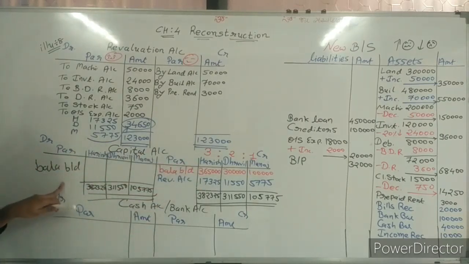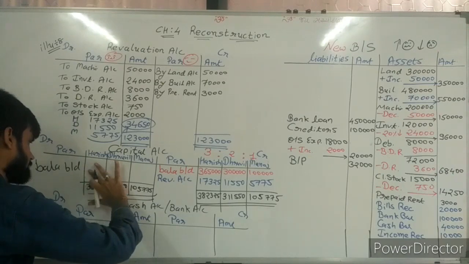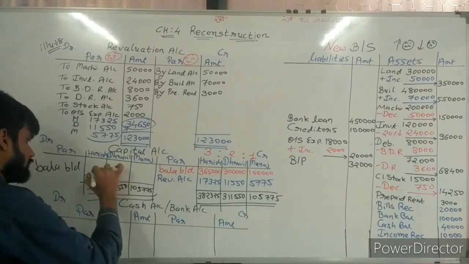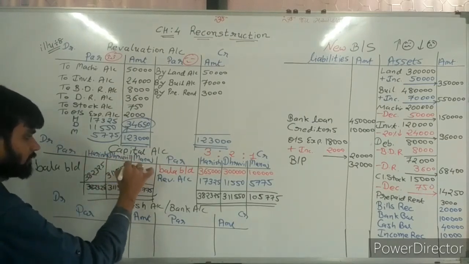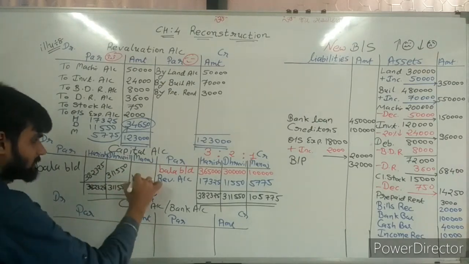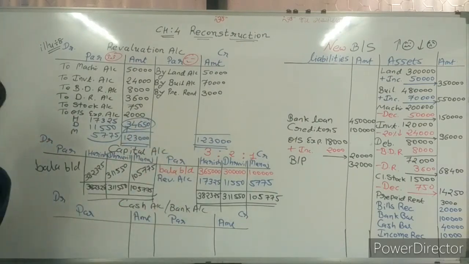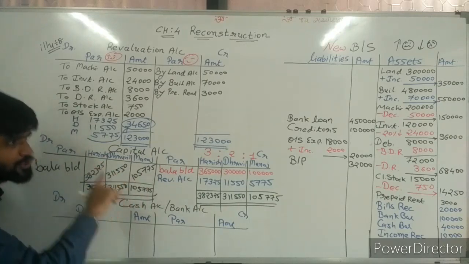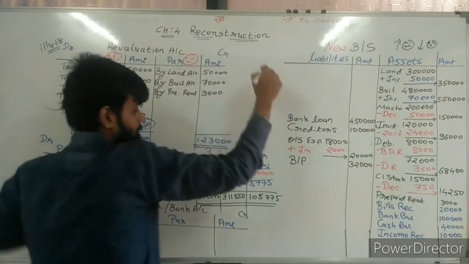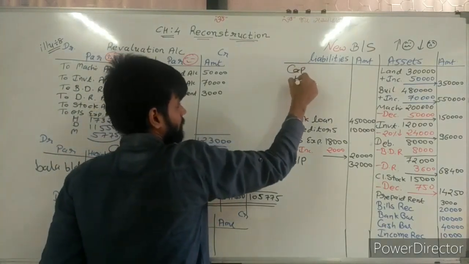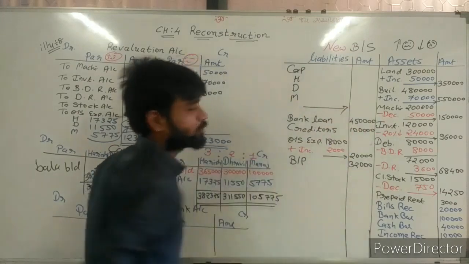Sir, this is the opening balance and this is the closing balance. Writing the amounts: 382325, 311,550 and last 105,775. Now this is the closing balance which is transferred to the new balance sheet, and this same amount we are writing here as capital of Harish, Dhruvil and Manoj, and making the total of it.